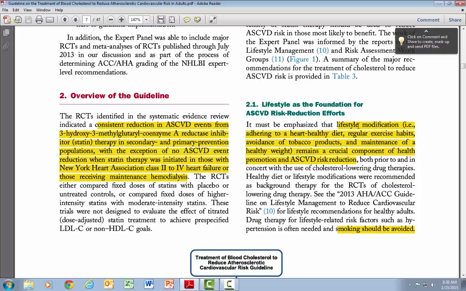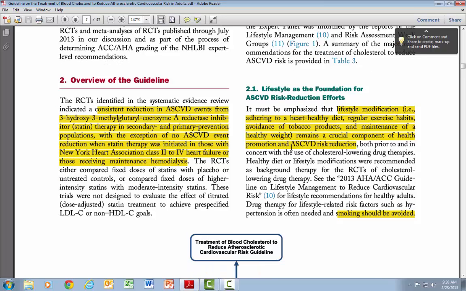Now, they continue to introduce and favor, they emphasize lifestyle modification. The patient must adhere to a heart healthy diet, a regular exercise habit, and avoidance of tobacco products. In addition, try to maintain a healthy weight by exercising.